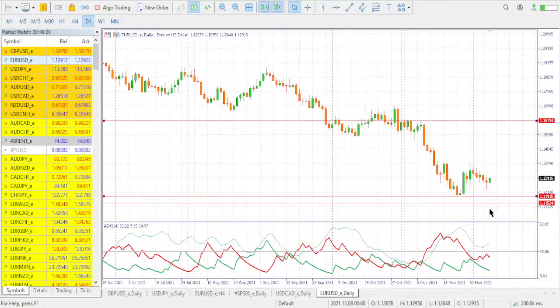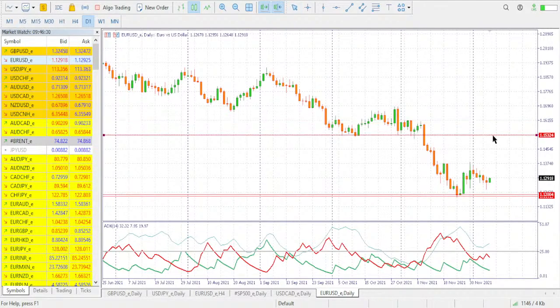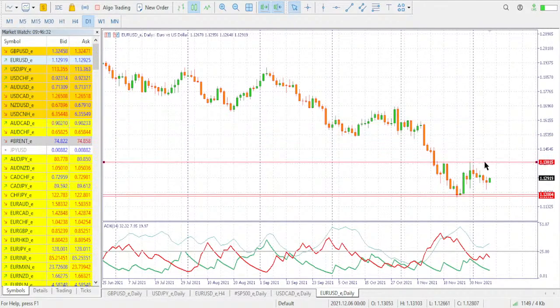So if the price can continue down and break below this level here, below this point, then this will be a good place to look for a sell position. We are expecting the sell to continue pushing price to the lower side. And if the price pulls back up, then we'd like to watch for what happens around this level here.